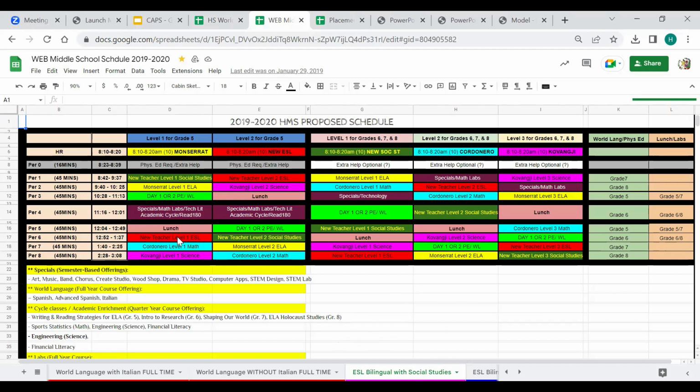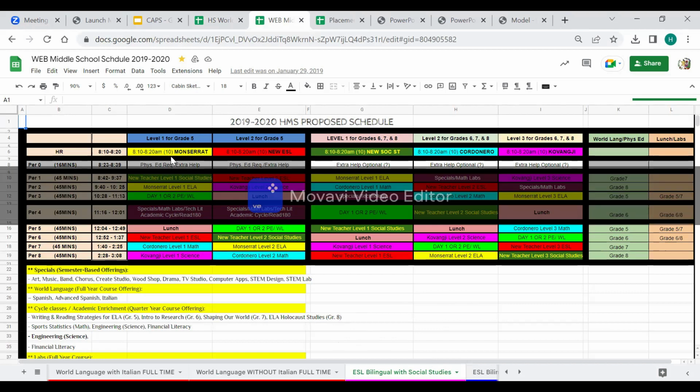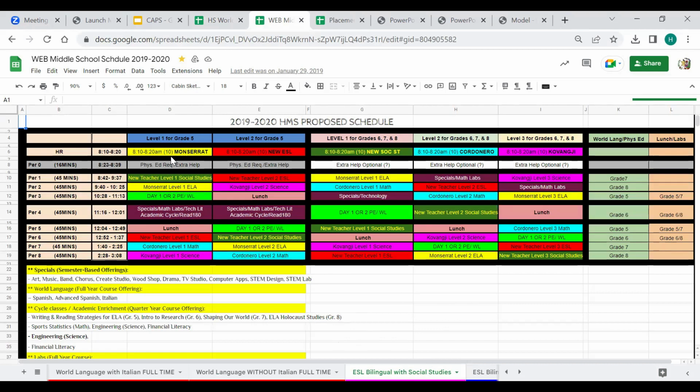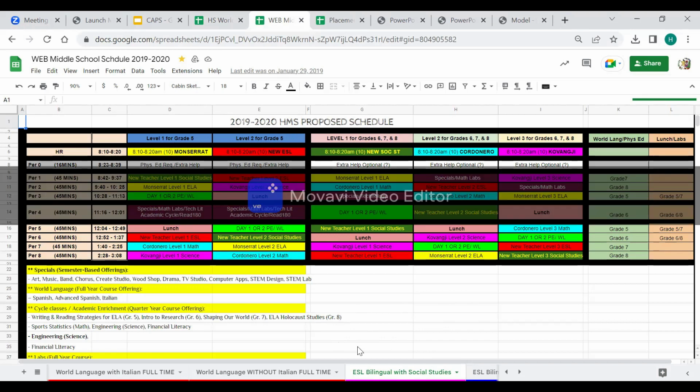I would follow the grid, and during the time where 5th grade had their core classes, I would make sure that students could be placed so that if they had ESL and were going to transition mid-year into ESL only and be in general education, the schedule would align and they could still be successful. So that's what you see here.